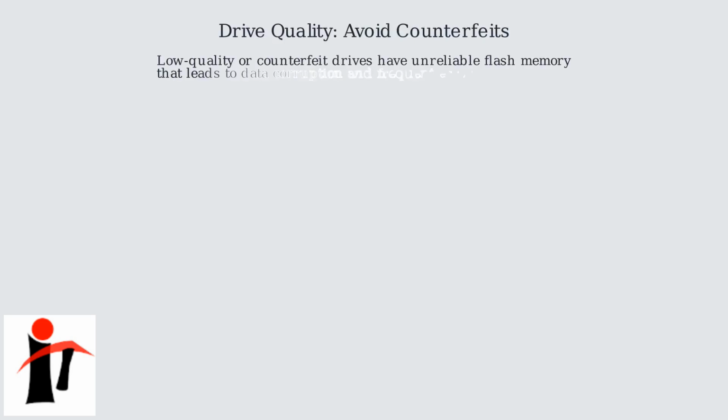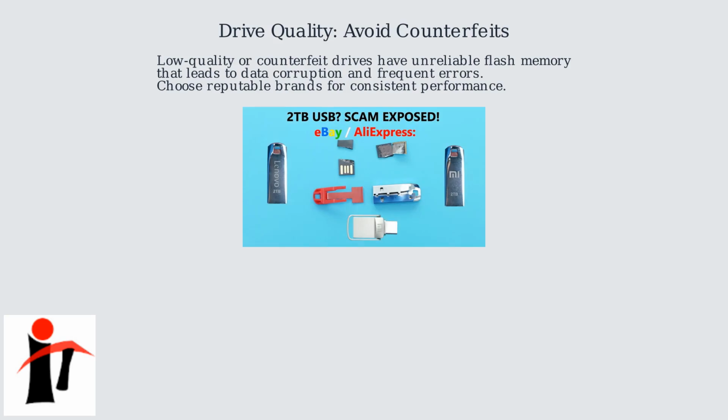Drive quality is equally important. Low-quality or counterfeit USB drives often feature substandard flash memory chips that cannot handle the high-speed read-write operations required by Tesla's dashcam system. This leads to data corruption, format errors, and ultimately, unreliable recordings. Always opt for genuine drives from trusted manufacturers to ensure data integrity.